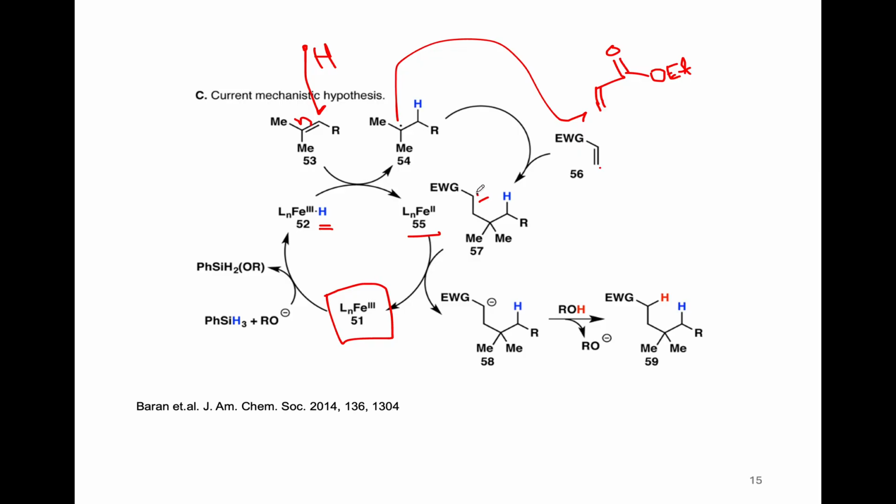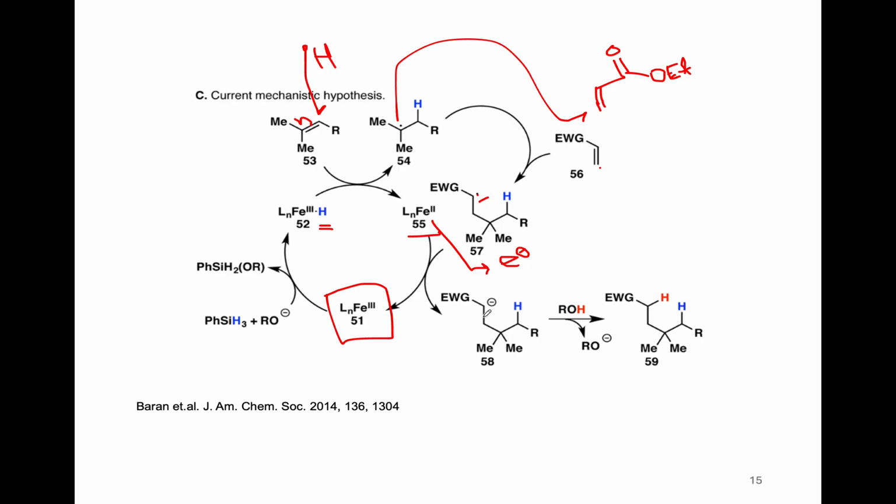Now after getting this radical, what will happen? This iron 3 will donate another electron, E minus, and that E minus will add to this radical.